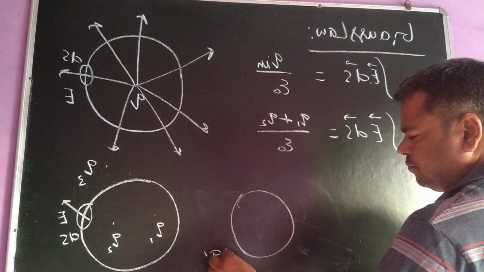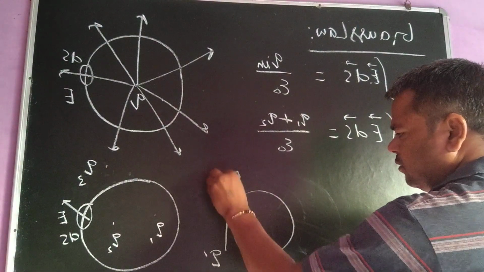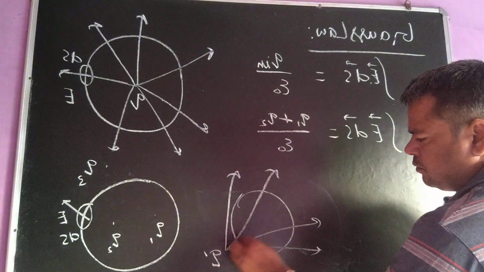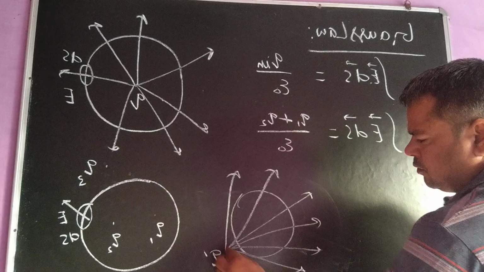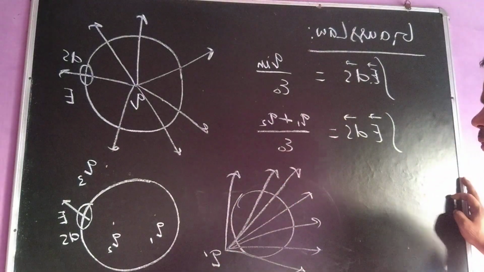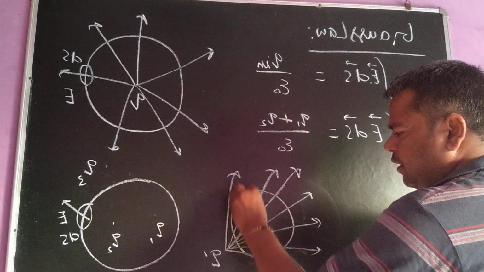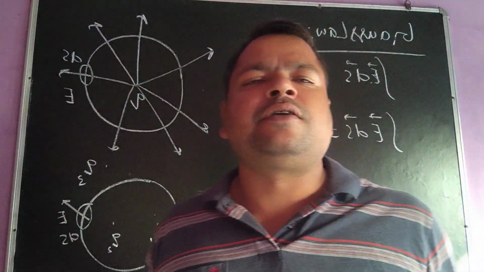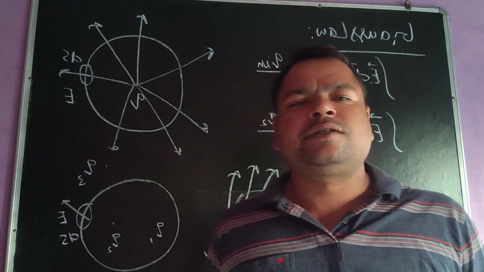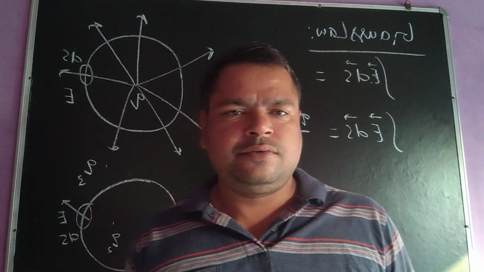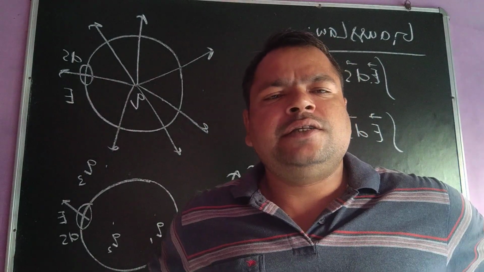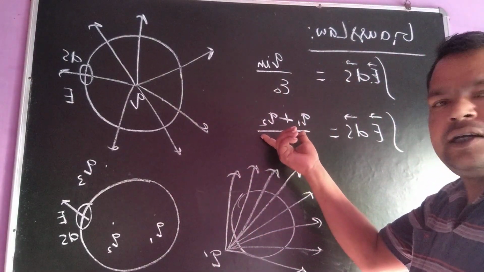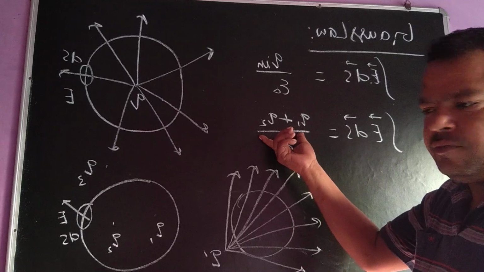So if we draw the electric field lines, they will be like this through the surface. So the number of lines entering the surface equals the number of lines leaving the surface. So the total flux due to this outside charge is 0. So this is the reason why on the right side the outside charge is not included. Okay.